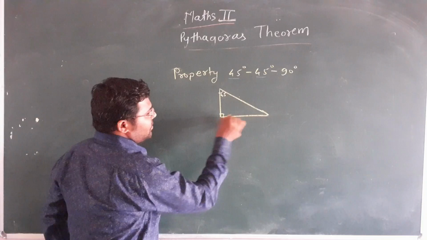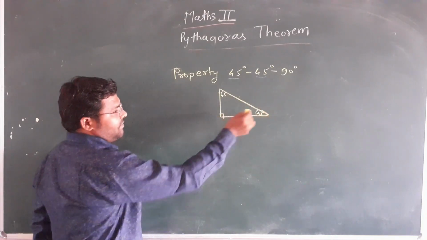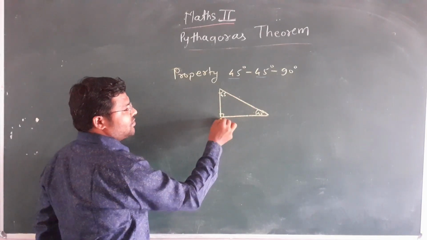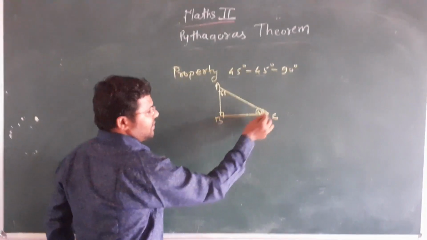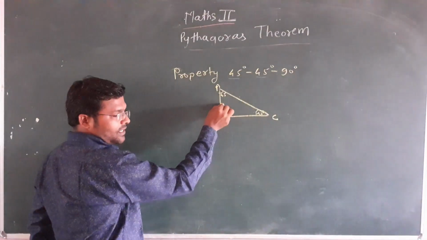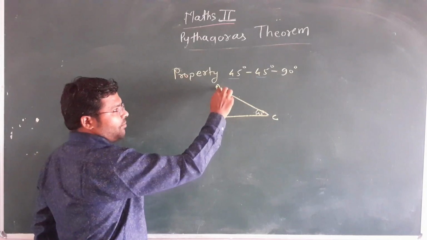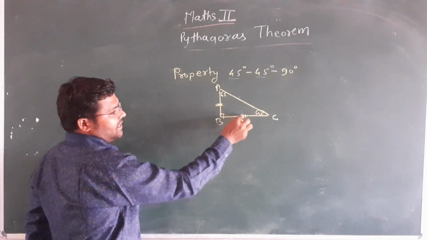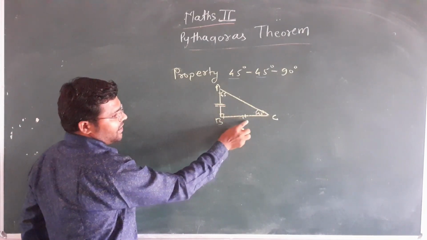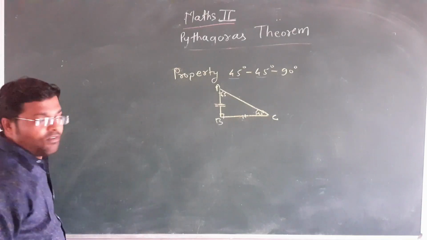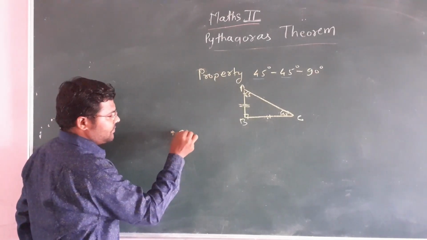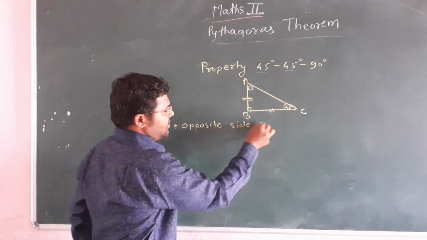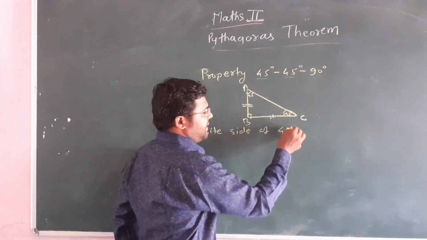Because two angles are equal. If two angles are equal, that means the opposite sides of the equal angles are also equal. I write here A, B, C. Opposite side of 45 degree angle is AB, equal to the opposite side of the other 45 degree angle, BC. BC and AB are equal sides. So the property of 45 degree angle: opposite side of 45 degree.